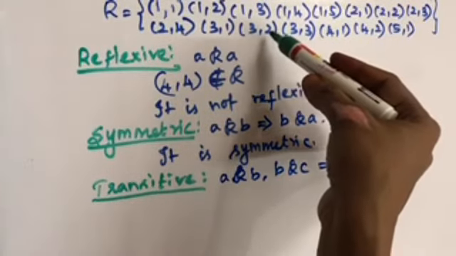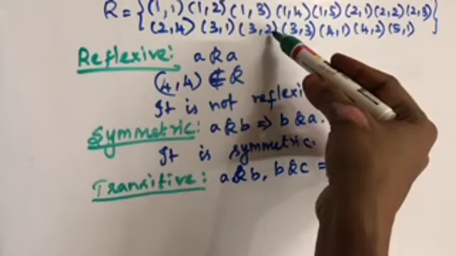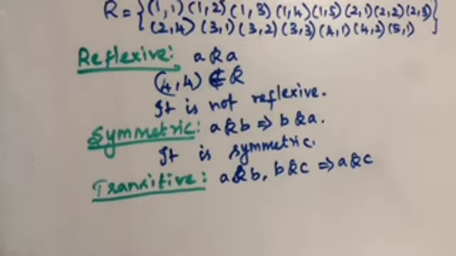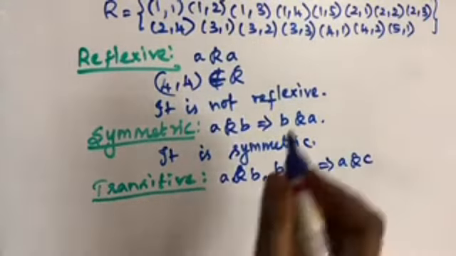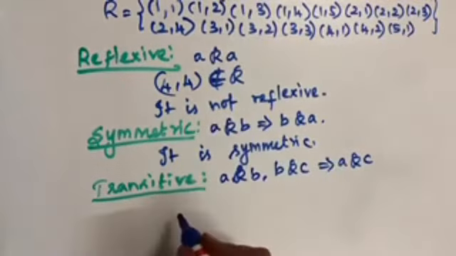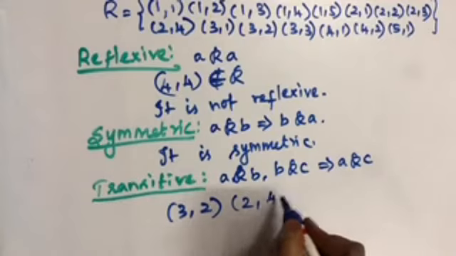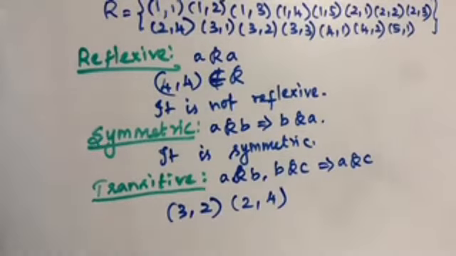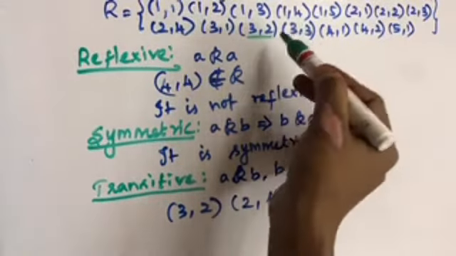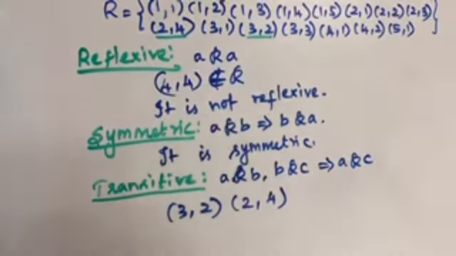3 comma 2 is there. Okay. So 3 is related to 2 and 2 is related to 4. Okay, I take this example. 3 is related to 2 and 2 is related to 4.